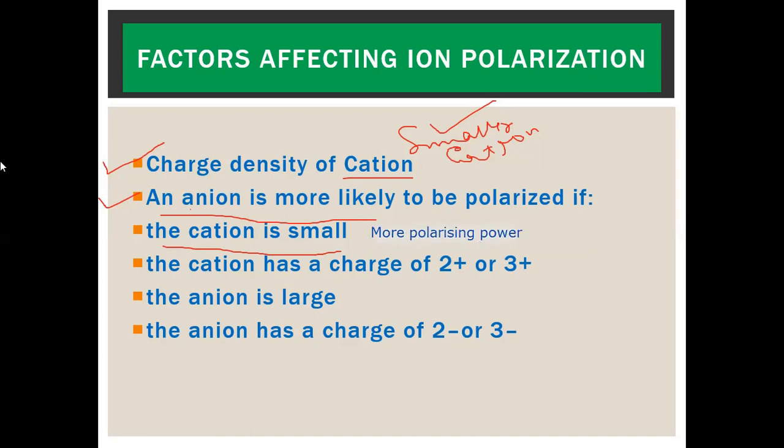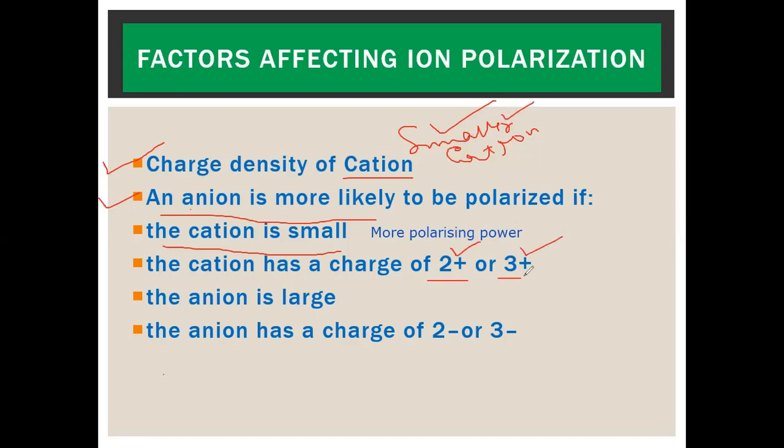So the second factor which affects ion polarization is the charge of the cation and anion, right? The greater the charge of the ion, the more the charge density.